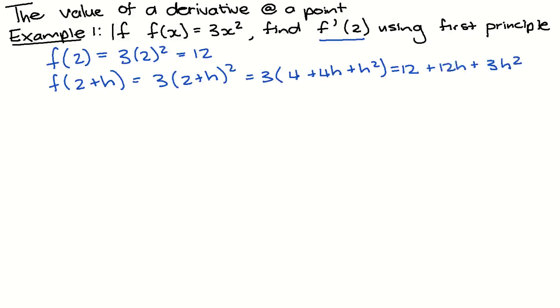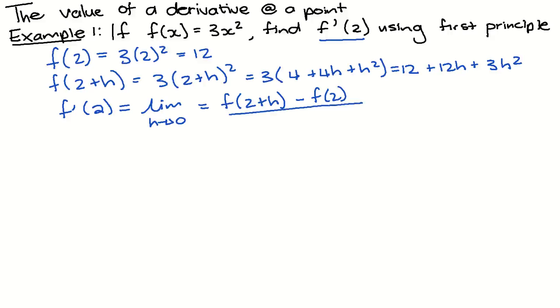Now we apply the first principle law when we end up having x is equal to 2. So we write the limit when h tends towards 0 is equal to f(2 plus h) minus f(2), or the function of 2, and we go all over h. There should not be an equal sign between these, sorry.